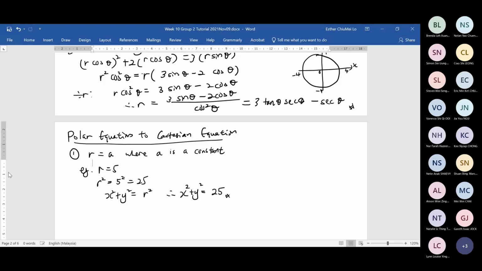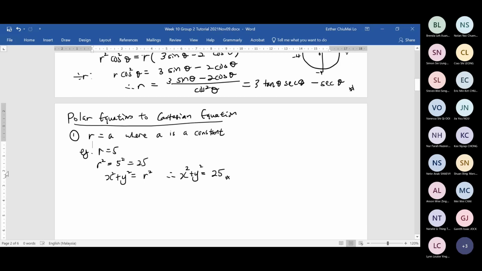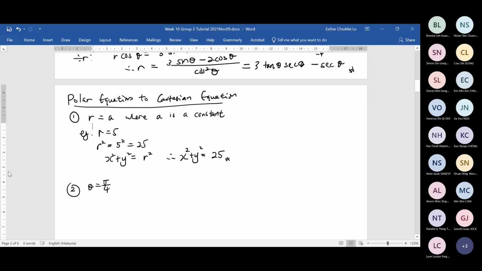So you can leave this as x squared plus y squared equals 25. Okay, I'll give you another one. Say they give you theta equals pi over 4. If we take the tangent of both sides, we have tangent theta equals tangent pi over 4.